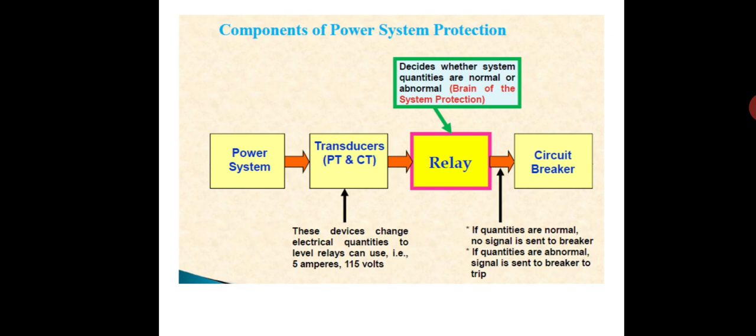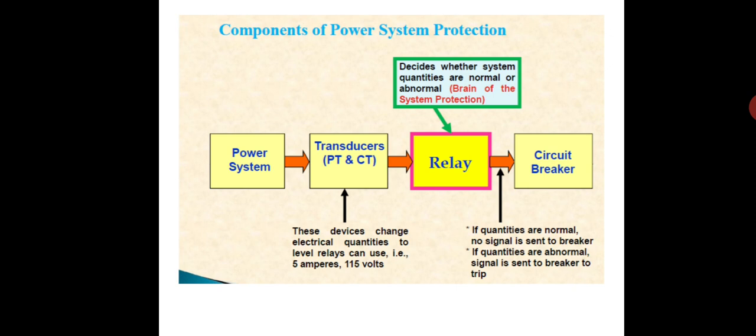Understood? So this is why we require instrument transformers, which step down the voltage and current and give it to the relay unit. The relay unit receives this information, monitors it, and compares it with the reference voltage and currents. Whenever it finds that the incoming voltage or current is crossing the limit, becoming abnormal or more than normal, it takes a decision to break the circuit, to open the circuit.